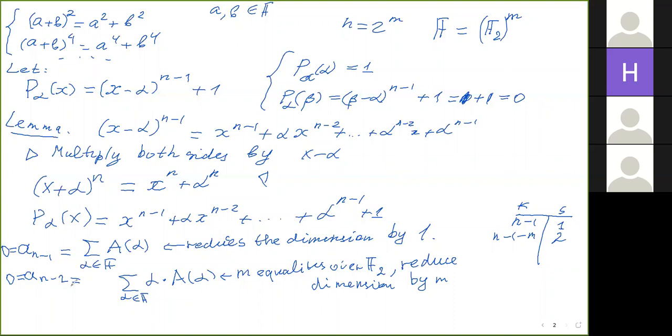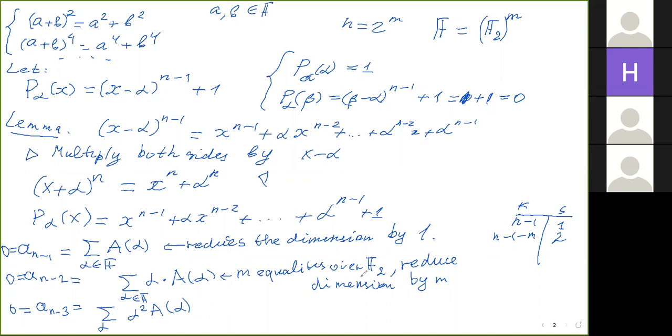Now, let's proceed to the next test. When S is 3, then we also require additionally that the third coefficient a n minus 3 is 0. As we see from the Lagrange polynomial formula, that means that the sum of alpha squared times A of alpha is 0. And this actually is also represented by m equalities over F2.